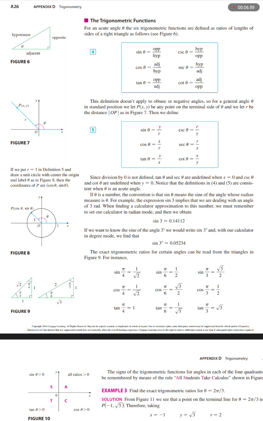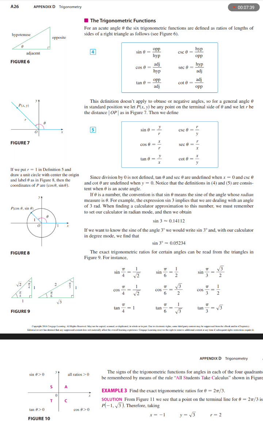And figure 9, sidebar, you have two triangles. Furthest left is a right triangle where the angles are both pi over 4, and the adjacent and opposite sides are 1, and the hypotenuse is square root of 2.